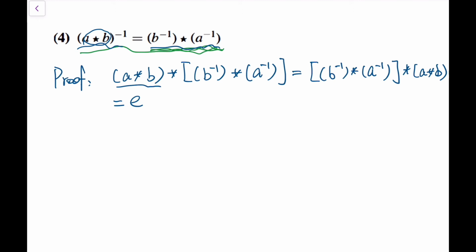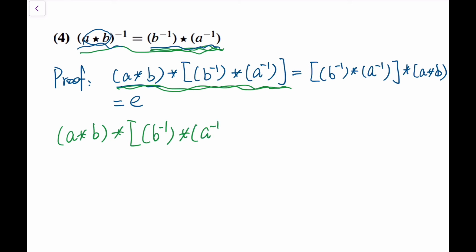And to show this, let's go one by one. We can show the first part is equal to the identity. To calculate this, we can see if we treat this A star B as one element, then this is just the operation between three elements, and the operation for the two elements at first.